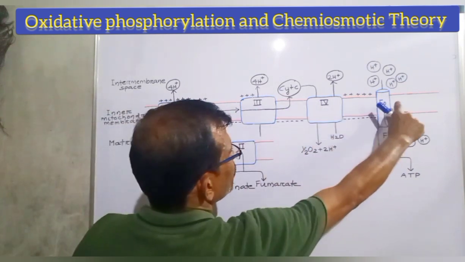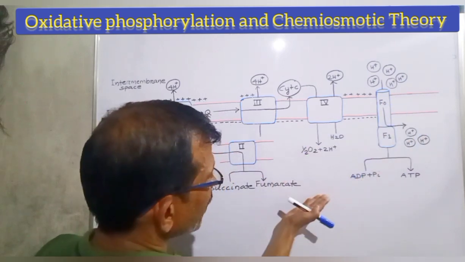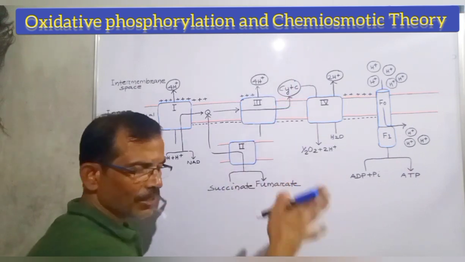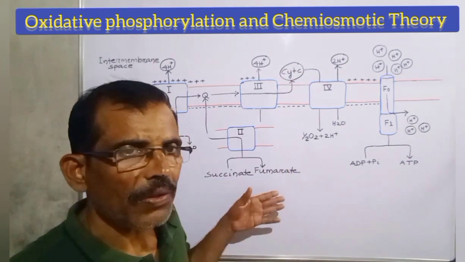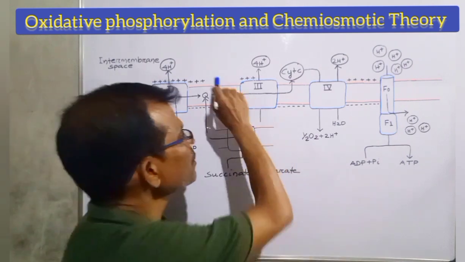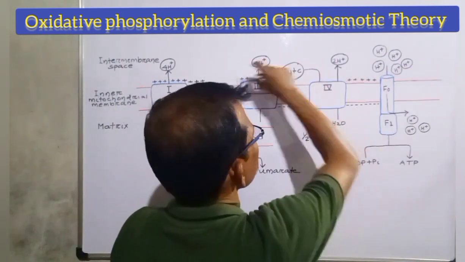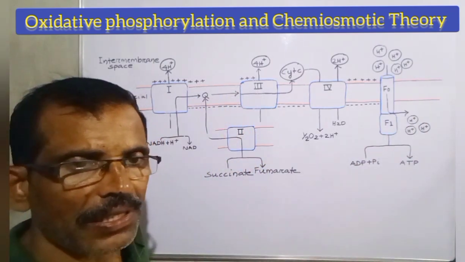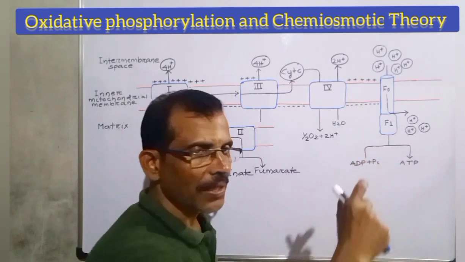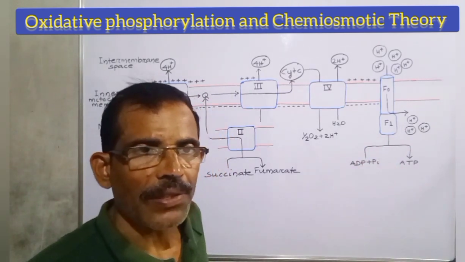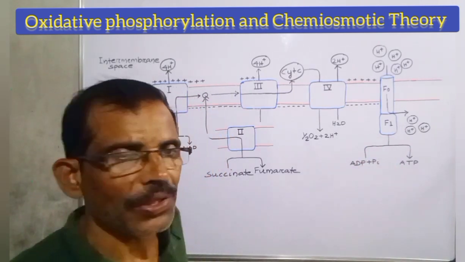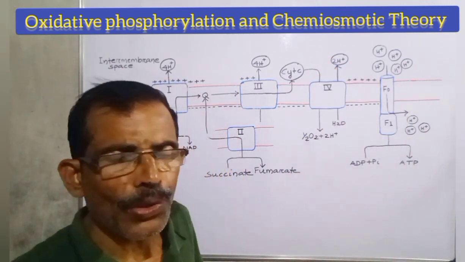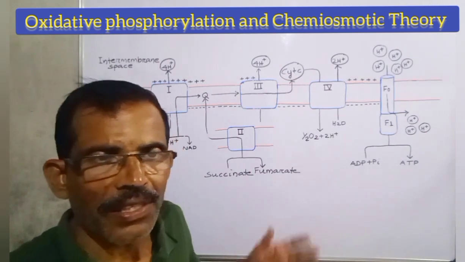This is the inner mitochondrial membrane. This side is the mitochondrial matrix and that side is the intermembrane space. Due to the outward transport of protons, the concentration of H plus ions in the intermembrane space increases, whereas the concentration decreases in the matrix. This difference in the concentration of H plus ions between the intermembrane space and the matrix constitutes the proton concentration gradient.